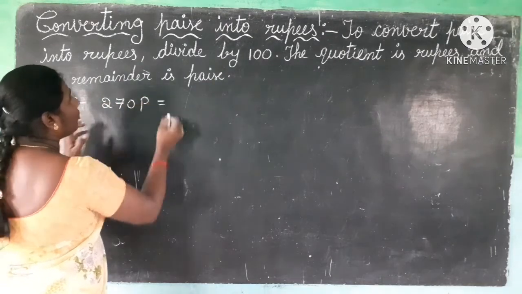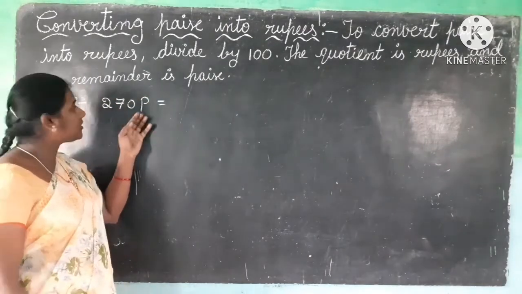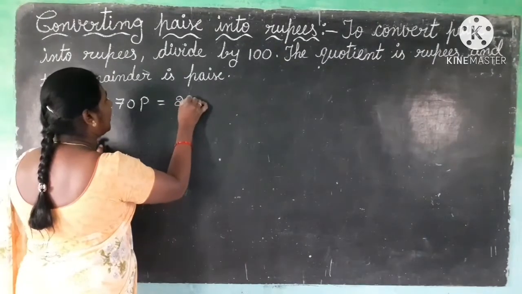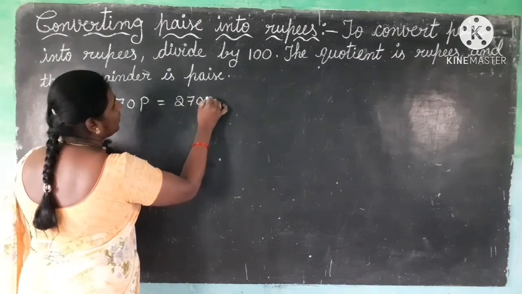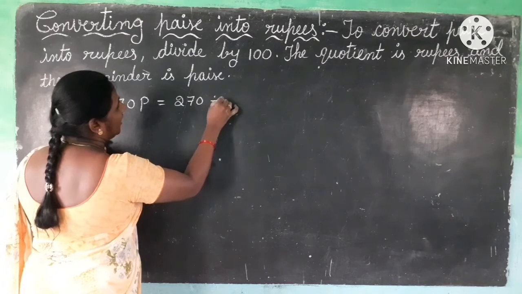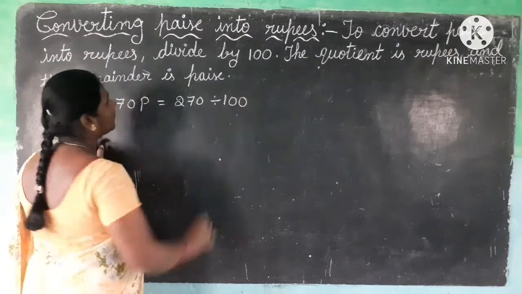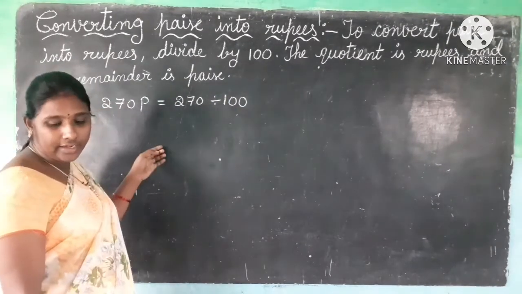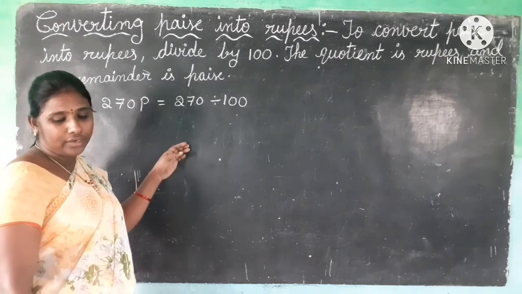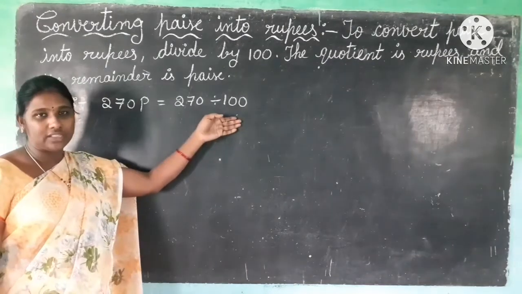While we are converting into rupees, we have to divide 270 pies with 100. So do division with 100.